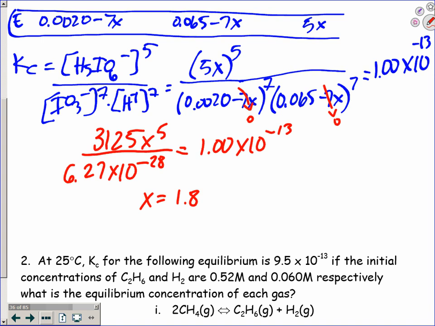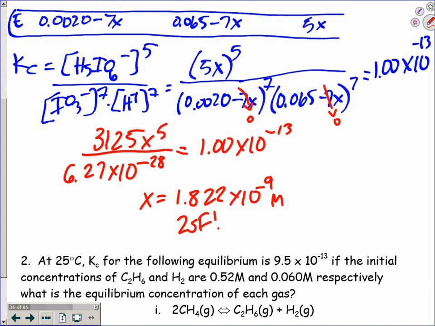You don't necessarily have to do 5th root. You can raise it to the 1/5 power. 1/5 power is the same as 5th root. Alright, check with me on the board. 1.822 times 10 to the negative 9.